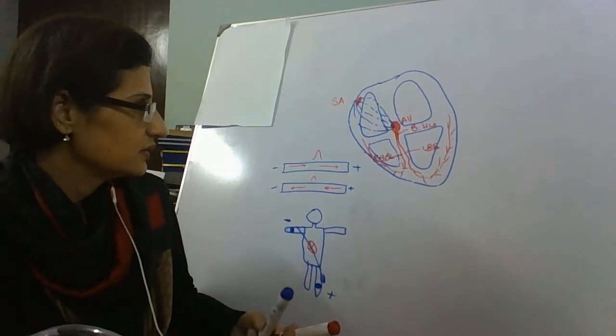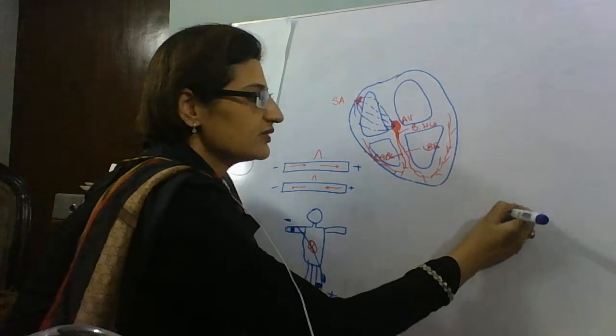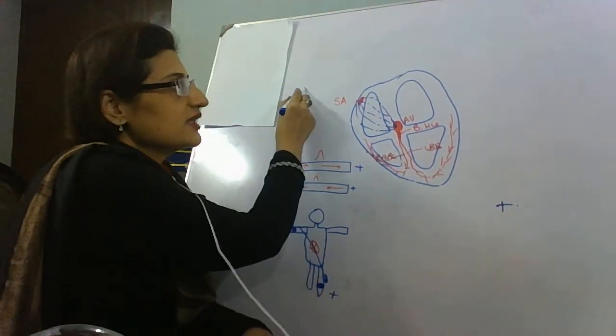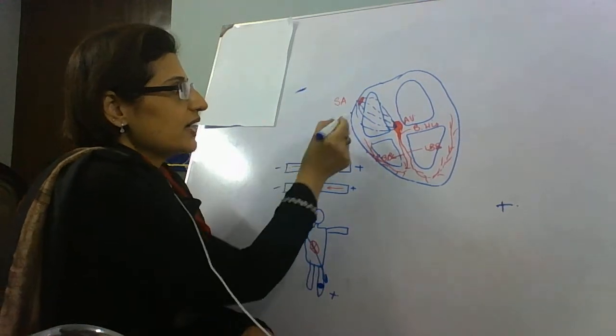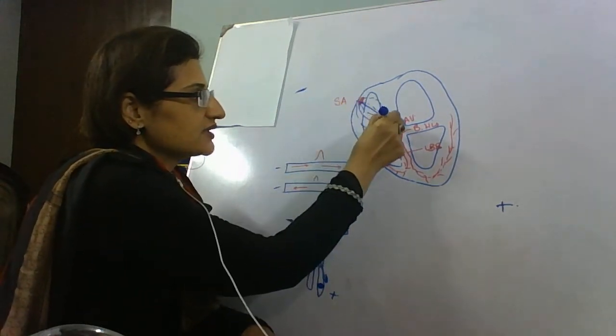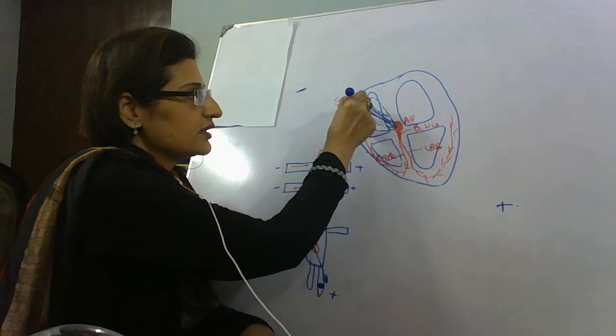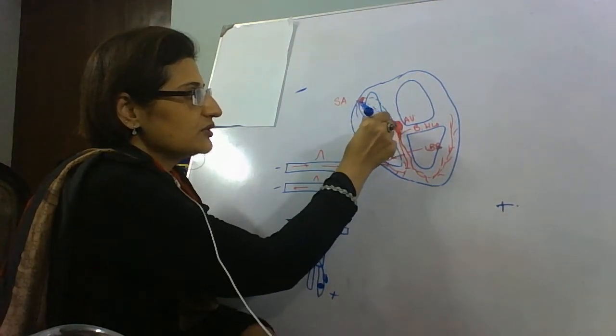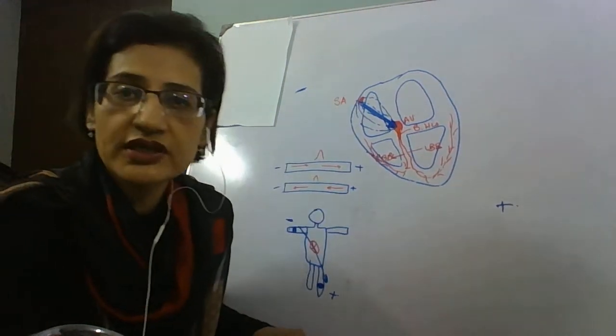So this is the positive electrode on the left lower limb. This is the negative electrode, and the net current is flowing in this direction from the SA node to the AV node, right?